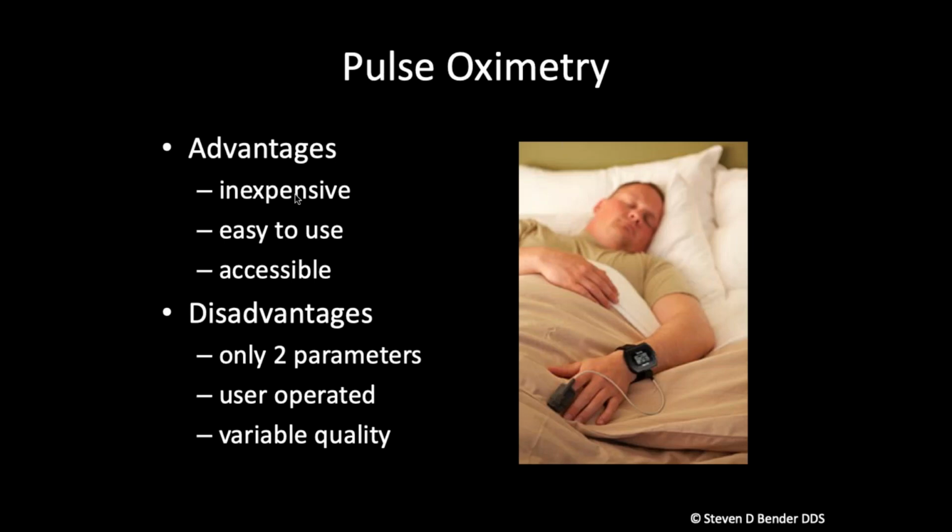One other disadvantage that I didn't mention is that with home testing like this, with pulse oximetry, it will start reading as soon as it's put on. So you may think, well, so what? Well, in an in-lab sleep study, the measurements are taken only when the patient is asleep, and that is determined by brainwave activity.